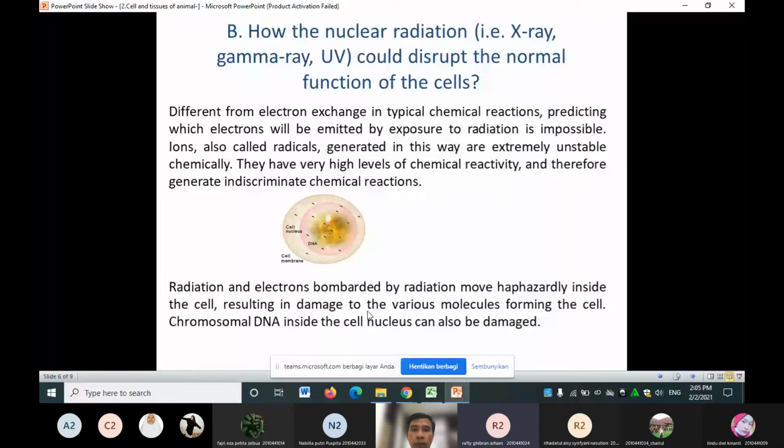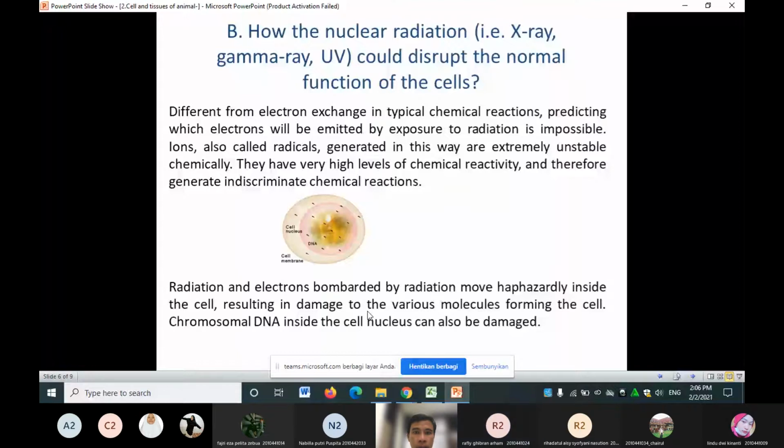They have very high level of chemical reactivity and therefore generate indiscriminate chemical reaction. Radiation and electrons bombarded by radiation move haphazardly inside the cell, resulting in damage to the various molecules forming the cell. Chromosomal DNA inside the cell nucleus can also be damaged.